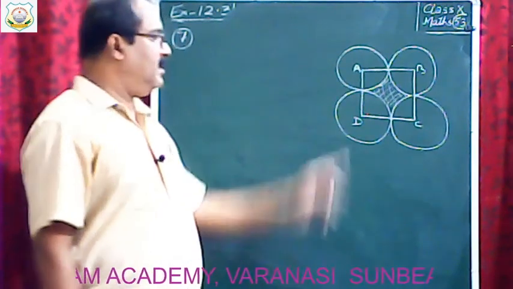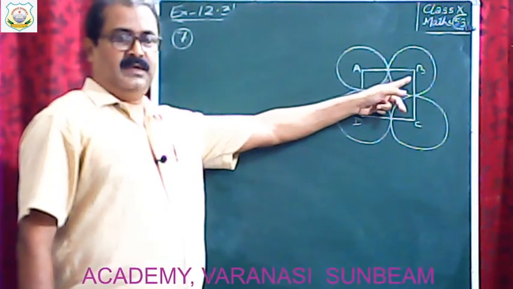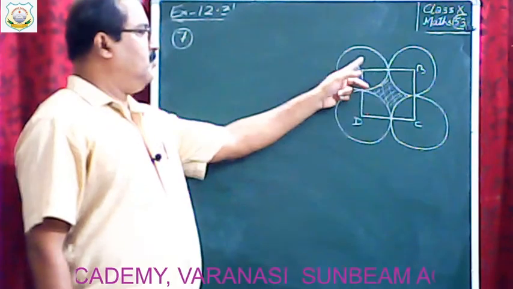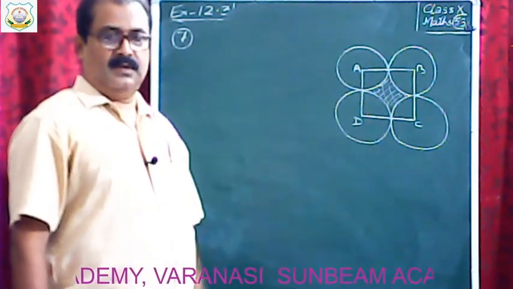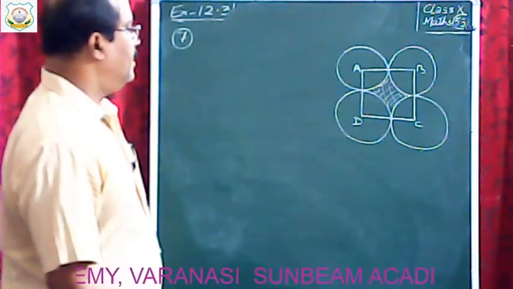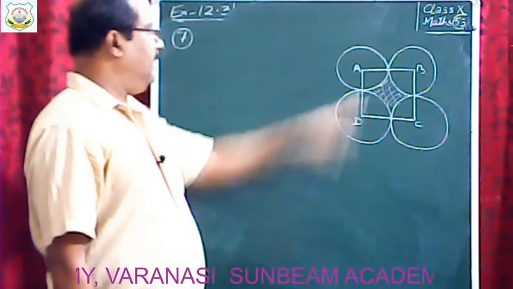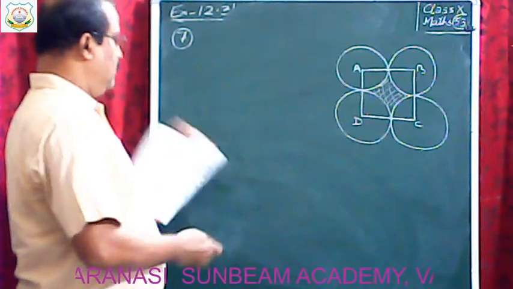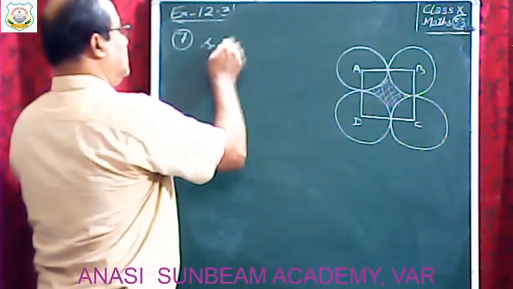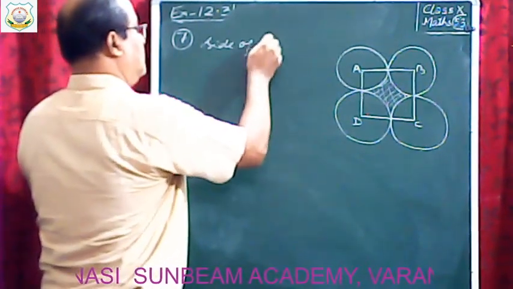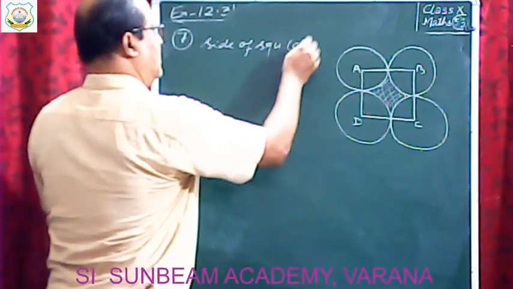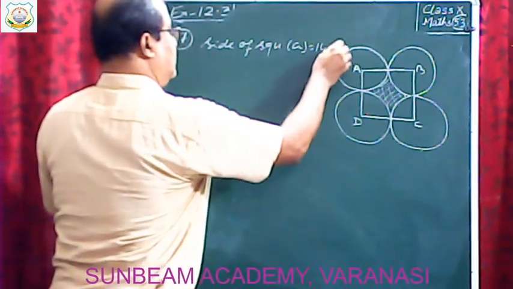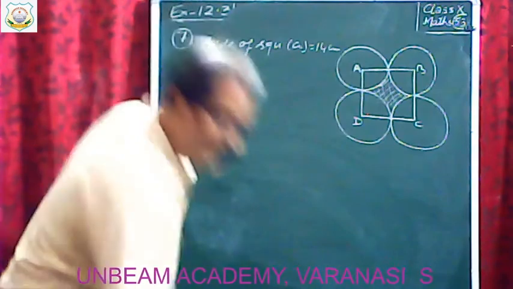Similarly, the circle with center B touches 2 circles out of 3. We have to find the area of the shaded region, and the side of the square is given: 14 centimeter.